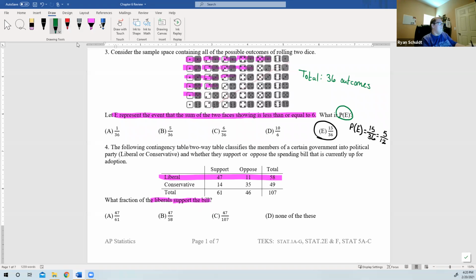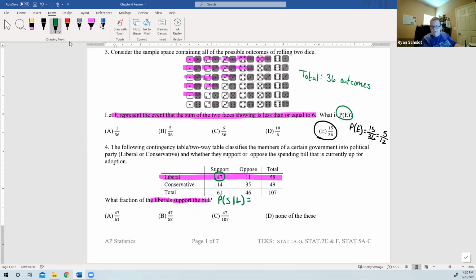So that means I'm going to be looking at this value. But don't just tell me 47 out of 107. That's not what it's asking. This is like saying, what's the probability they support given that they're liberal?